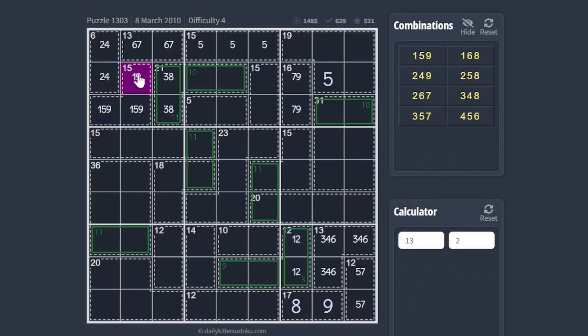And the 5 can be removed there. All right. So this 3-8 pair sends us down to box number 7.